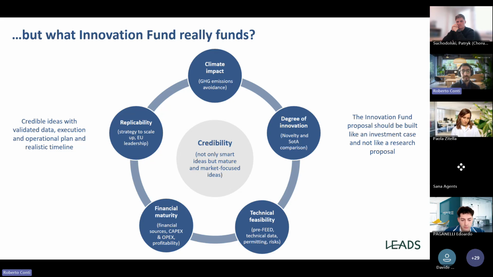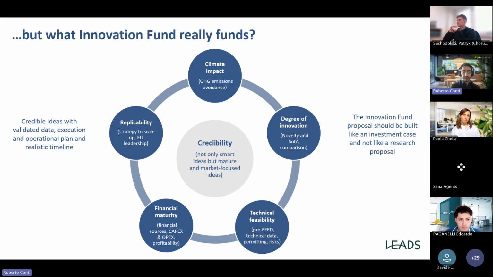Financial maturity, that means that the project should be mature from a financial point of view. The applicants must demonstrate financial robustness and profitability with a strong business plan and credible revenue streams. And finally, they have to show a replicability strategy to scale up.